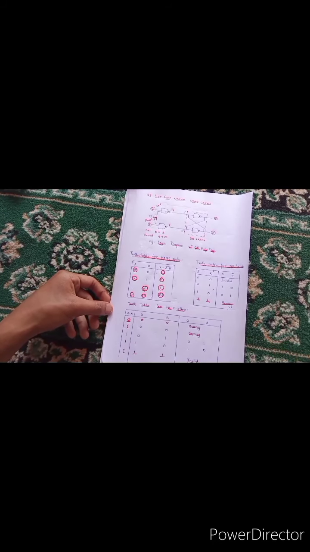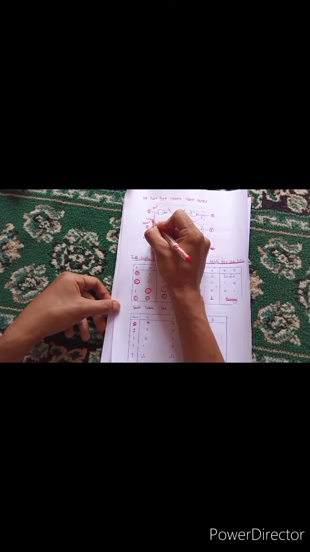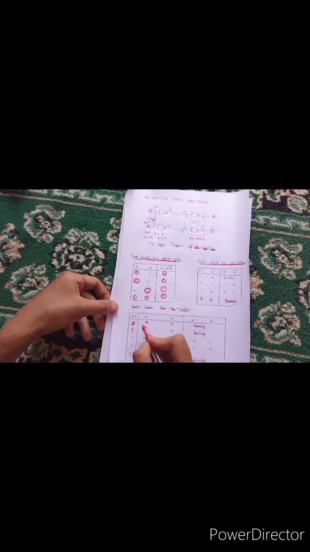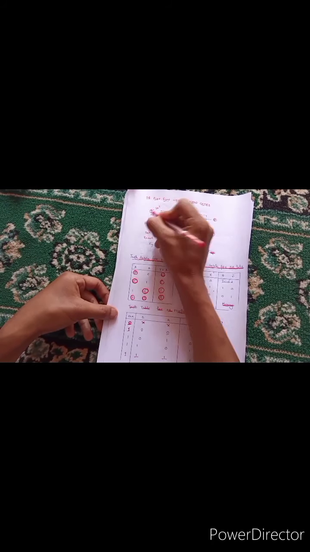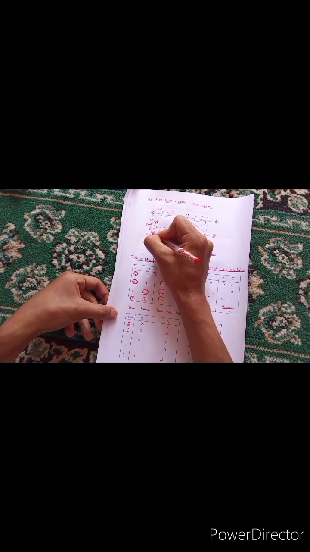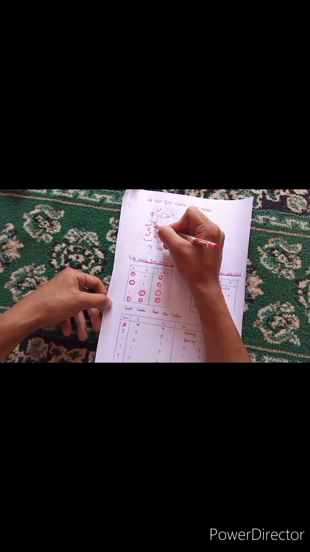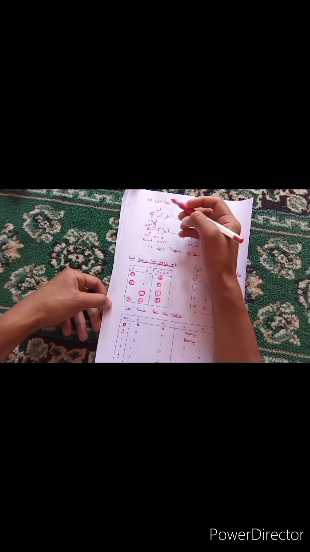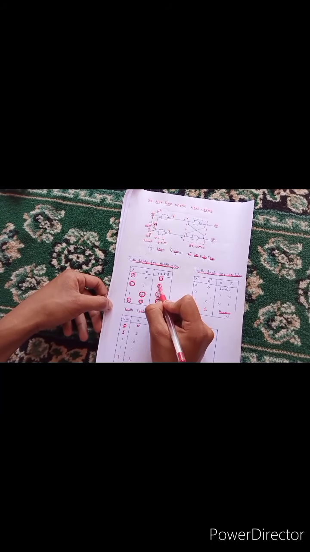Similarly, if we take clock signal as 1, S and R as 0, for 0 1, the output of NAND gate will be 1.